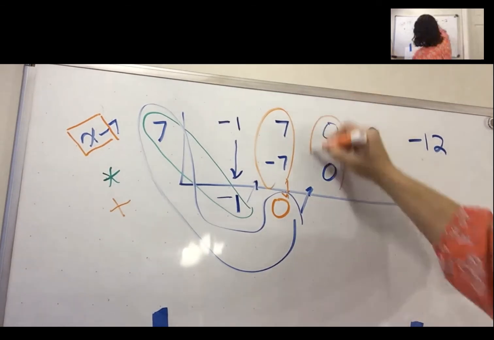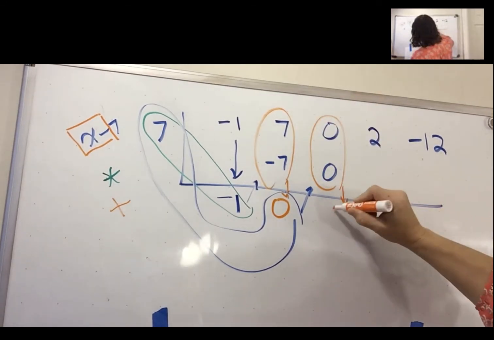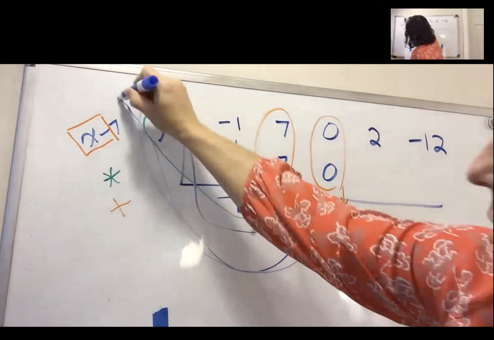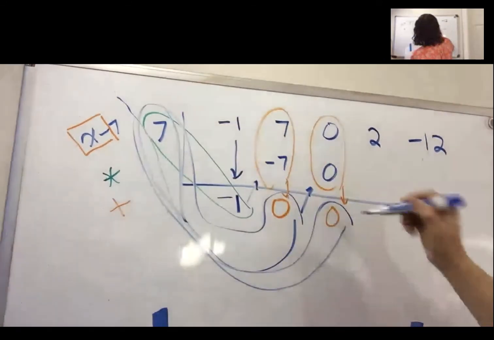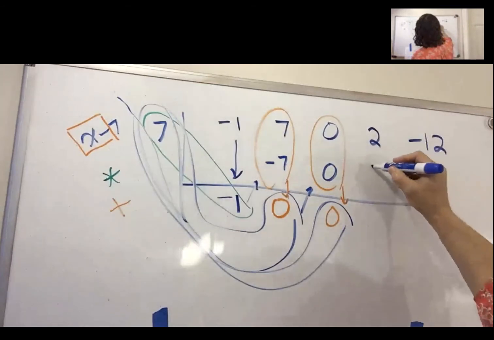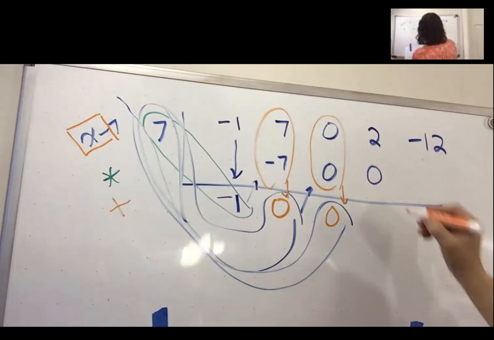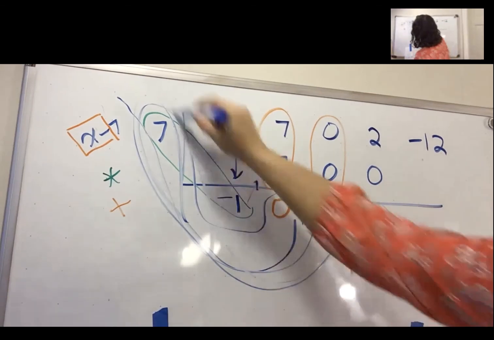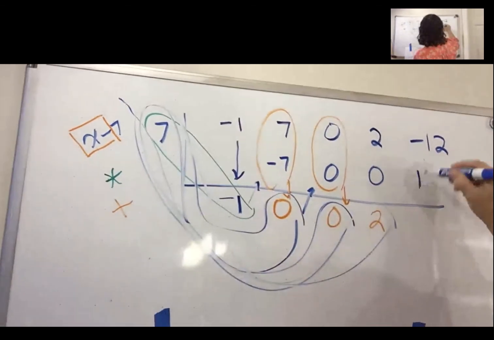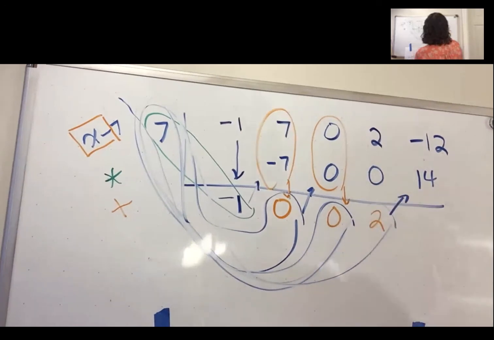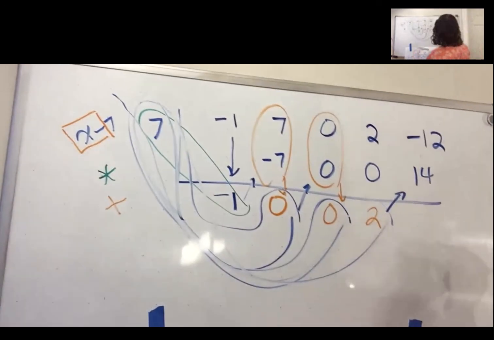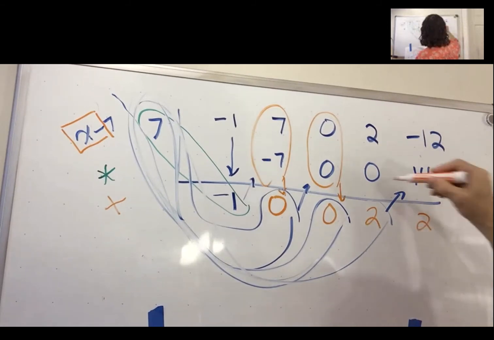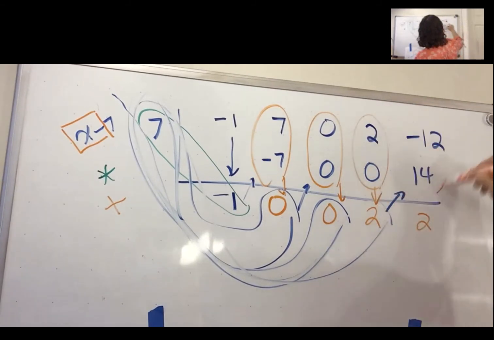And then I take those two numbers and I add them. 0 times 7 is 0, and then I add and I get 2. And then I multiply 2 times 7 and I get 14. And I take -12 plus 14, and I get 2. So I added.